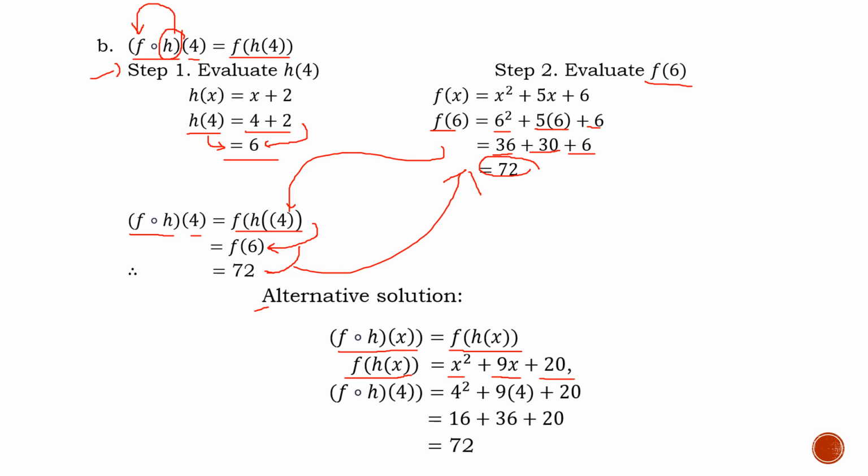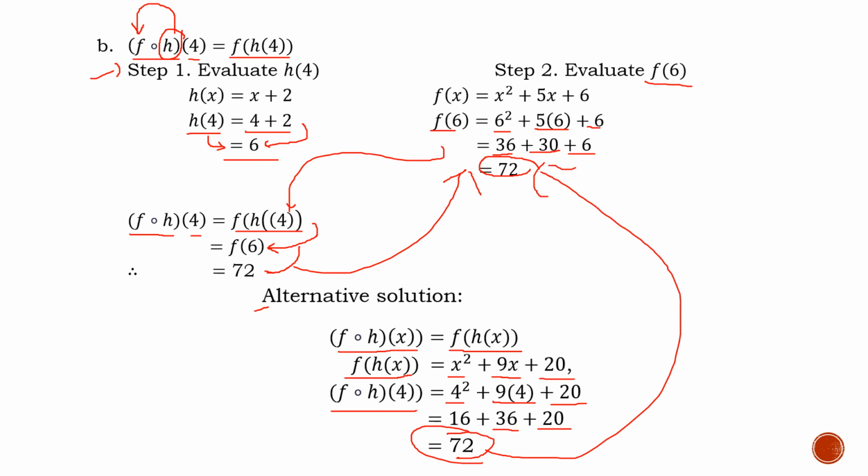If we apply this f composite of h of 4, we simply substitute 4 as the value of variable x in this f of h of x. So it becomes 4 squared plus 9 multiplied by 4 plus 20. Simplifying, 16 plus 36 plus 20, so our final answer is 72. It's the same answer from our first way on how we solve this f composite of h of 4, which is equal to 72.